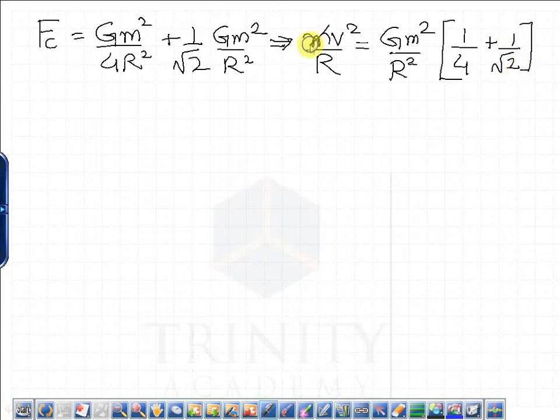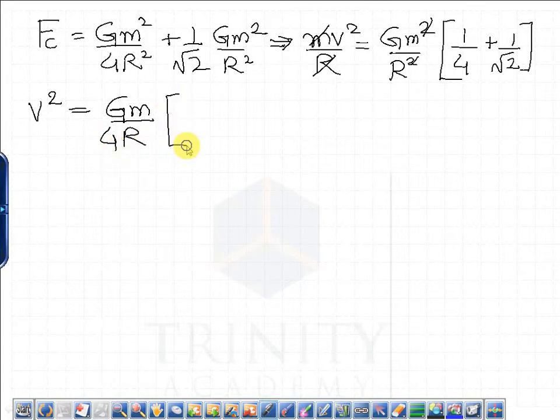After simplification we can see that one m will get cancelled out, likewise one r will get cancelled out. V square is equal to Gm by r. If we take 4 common out of this, then we can write this equal to 1 plus 4 by root 2.